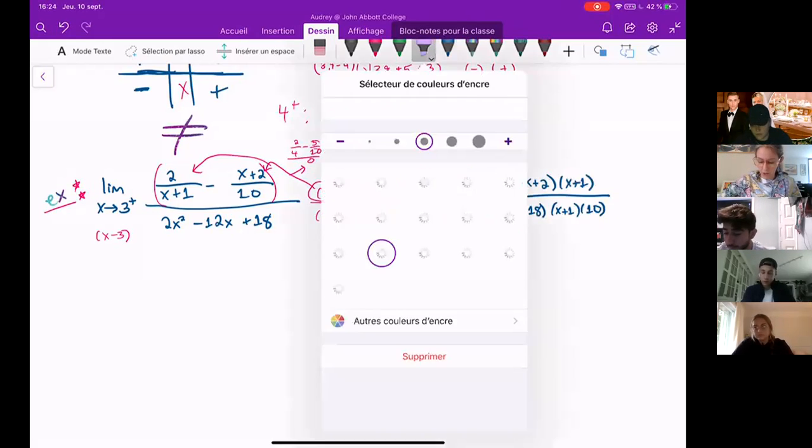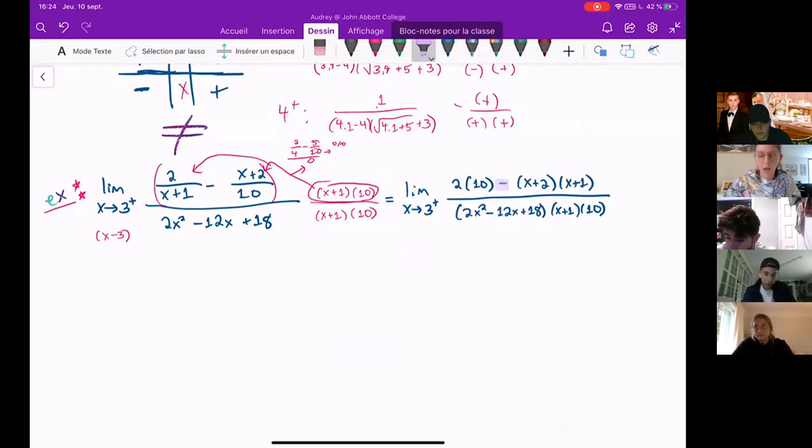But second of all, I'm trying to cancel out x minus 3. I have not yet found my x minus 3. Until you have the factor you're trying to cancel, control yourself. Just don't cancel anything. It might be tempting. Hold off. Wait until you get to the x minus 3.